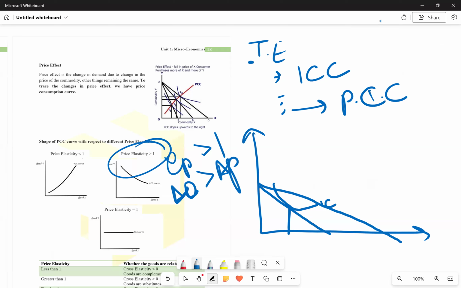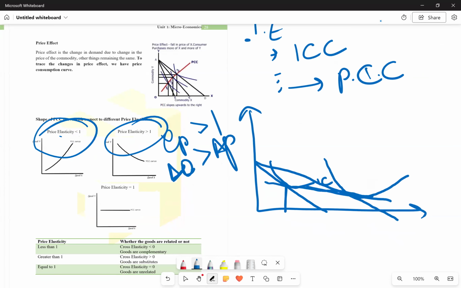In this case, the price of X has fallen. Your IC would be here somewhere. We have to show a large change in your quantity demanded. So when we join the locus of these points, your PCC would become downward sloping. So PCC is upward sloping when price elasticity is less than 1, right? And PCC is downward sloping when price elasticity is greater than 1.